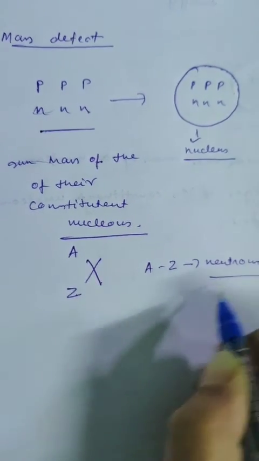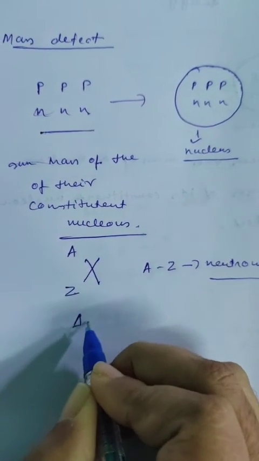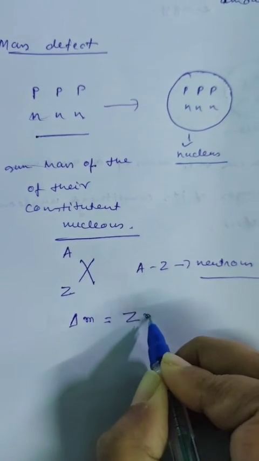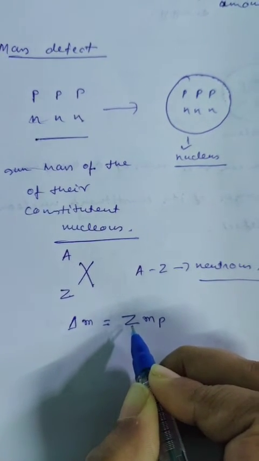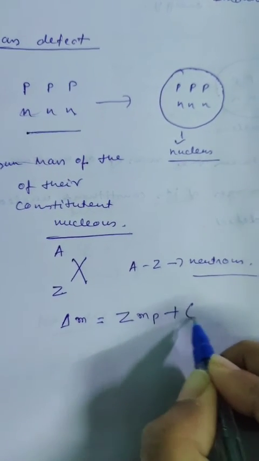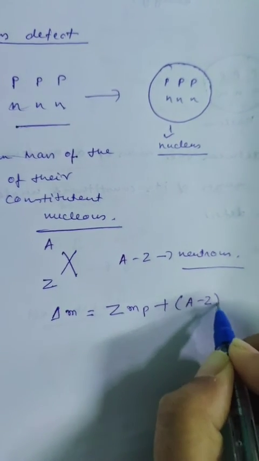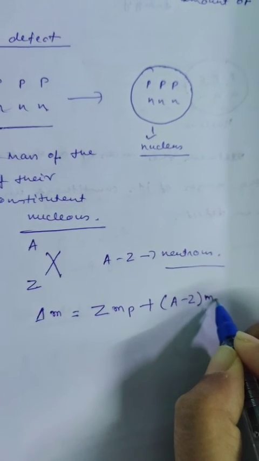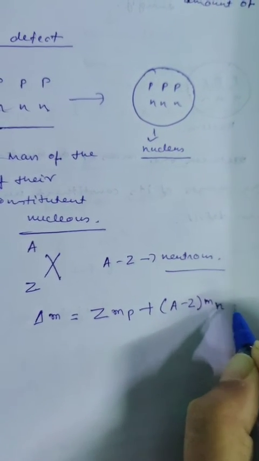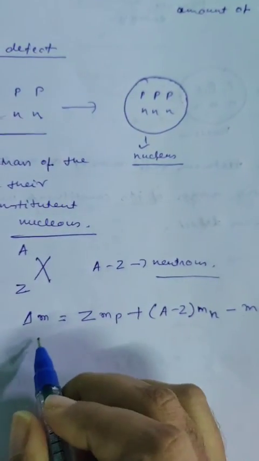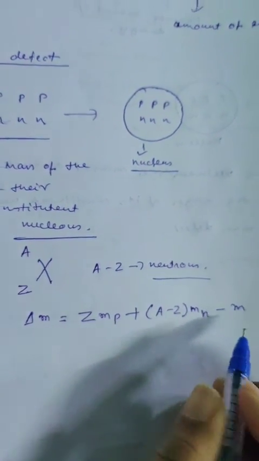So we can write its mass defect, denoted by delta M, equal to Z times Mp, where Z is the atomic number and Mp is the mass of the proton, plus (A minus Z), that is the number of neutrons, times the mass of the neutron, minus M, the mass of the nucleus. This is the expression for mass defect.